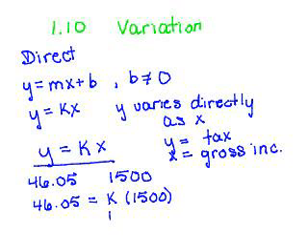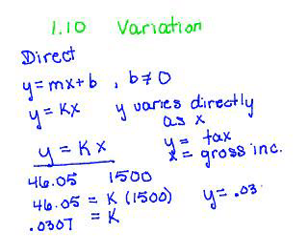So if we solve this for k, we find that k is equal to 0.0307. So the equation for state income tax in Pennsylvania then is y is equal to 0.0307x, or they're taking a little over 3% of your gross income for the state tax. Okay, so there's an example of a direct variation model.